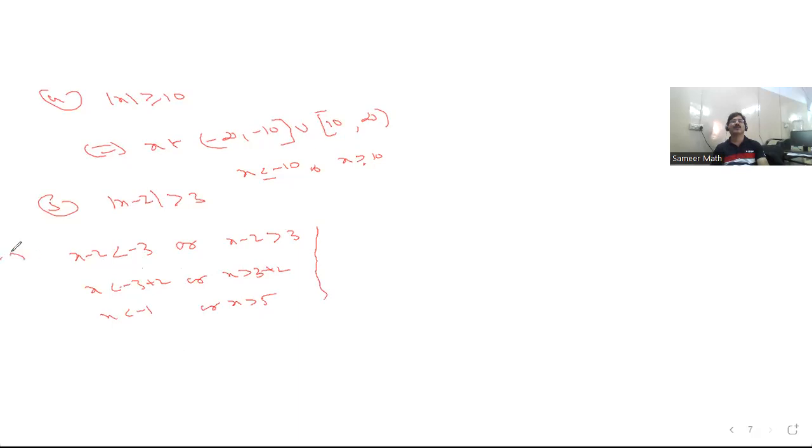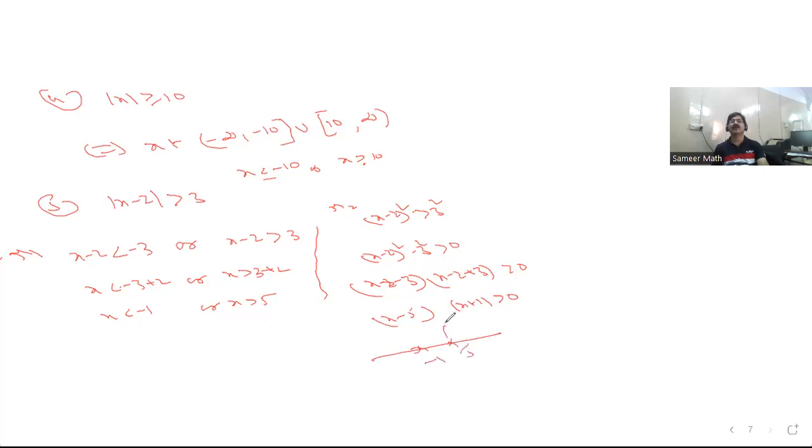I'll call this method 1, and I'll go for method 2. What is that? I'll go for squaring. Greater than 3 square. What happened here? 3 square minus 3 square greater than 0. You can write like this: x minus 2 minus 3, x minus 2 plus 3, greater than 0. So x minus 5, x plus 1 greater than 0. On the number line, minus 1 and 5. Greater than means start with yes, less than means start with no. Yes, no, yes.